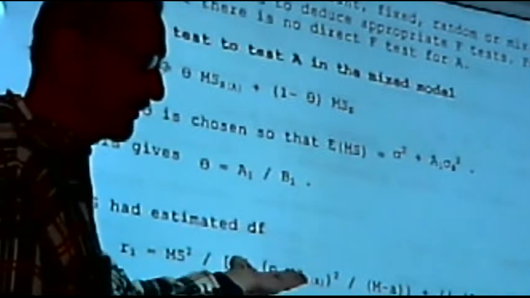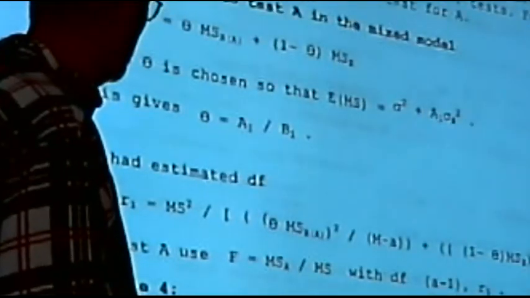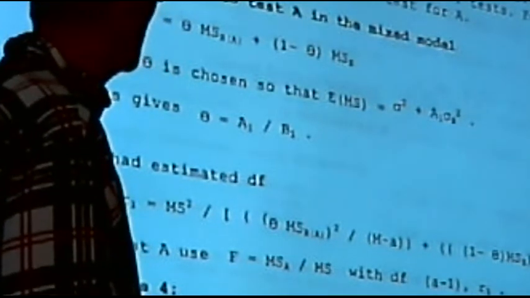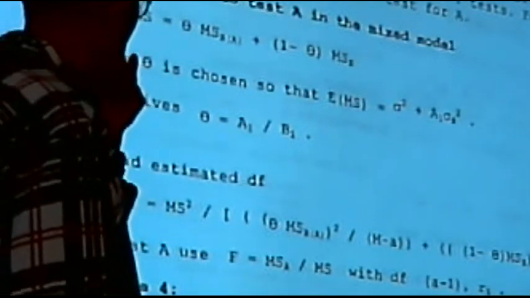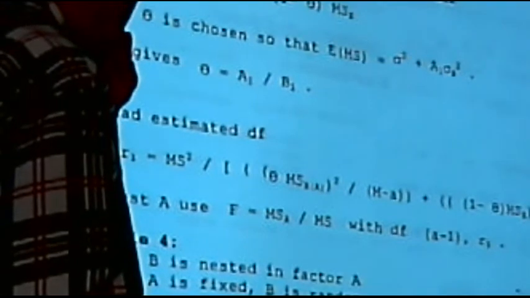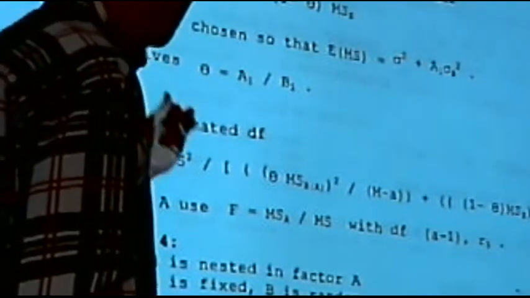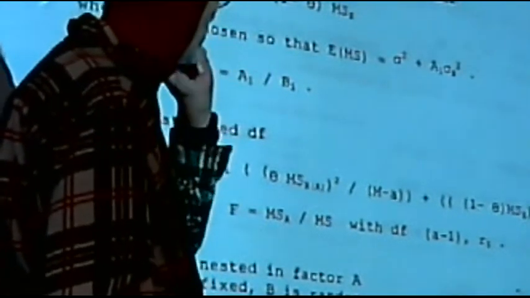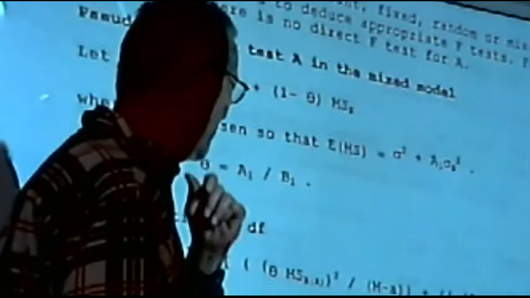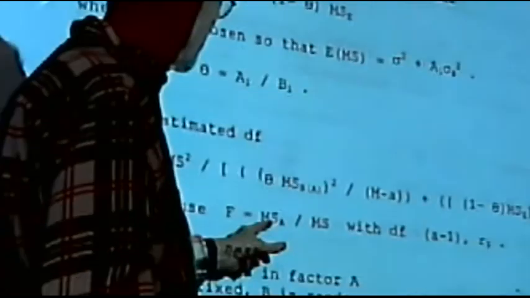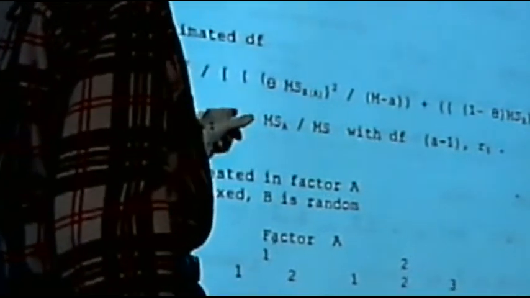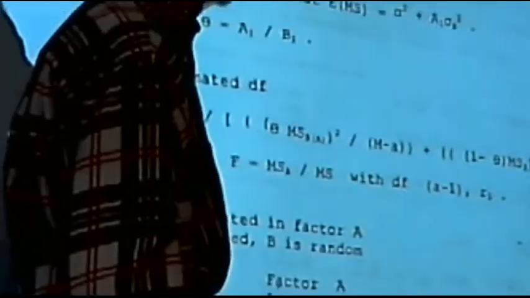Messy as it is, there it is, the estimated degrees of freedom for such a mean square. I think it's typed correctly, so plug it in and use it. To test A, use mean square A divided by this newly created pseudo mean square. Degrees of freedom would be A minus 1 for the numerator, and then this thing, R1 as I call it, for the denominator mean square. So that's all a doable thing.